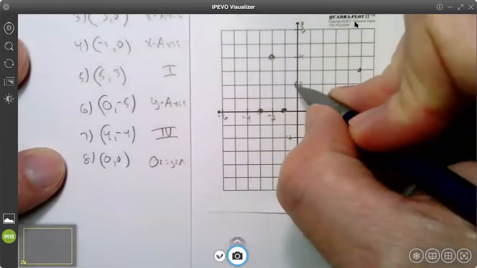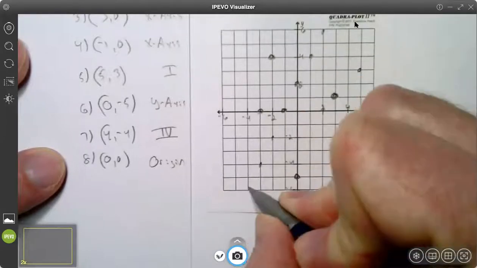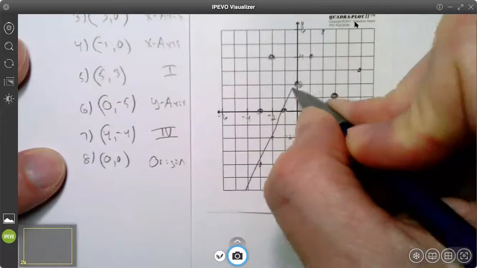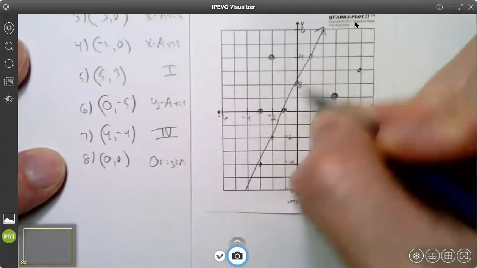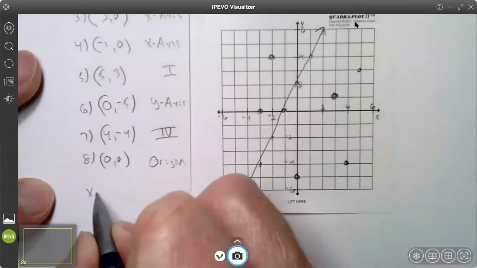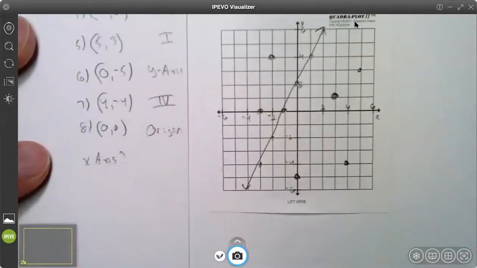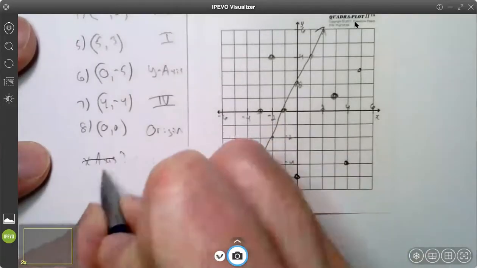And then let's pretend that we had all these dots and we graphed it. And it said, where is the x-axis? I'm sorry, not x-axis, x-intercept.